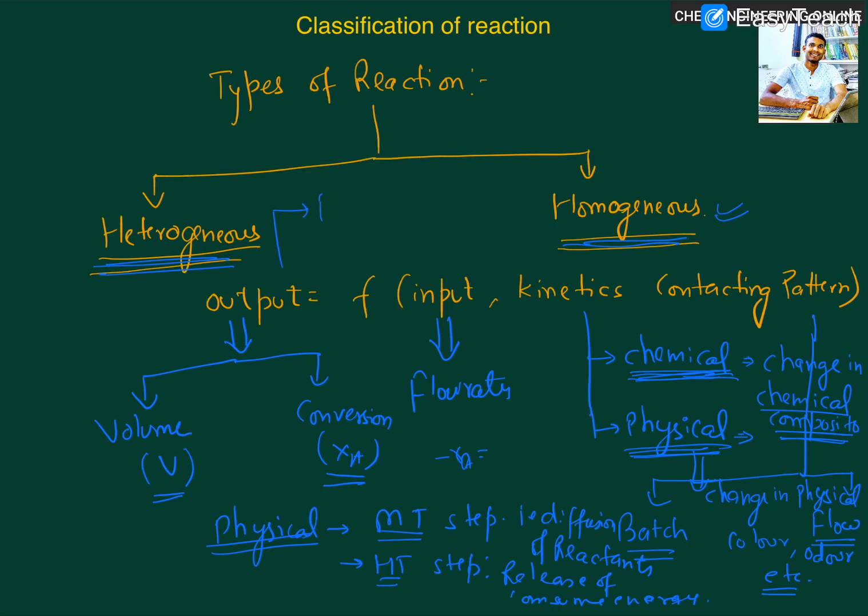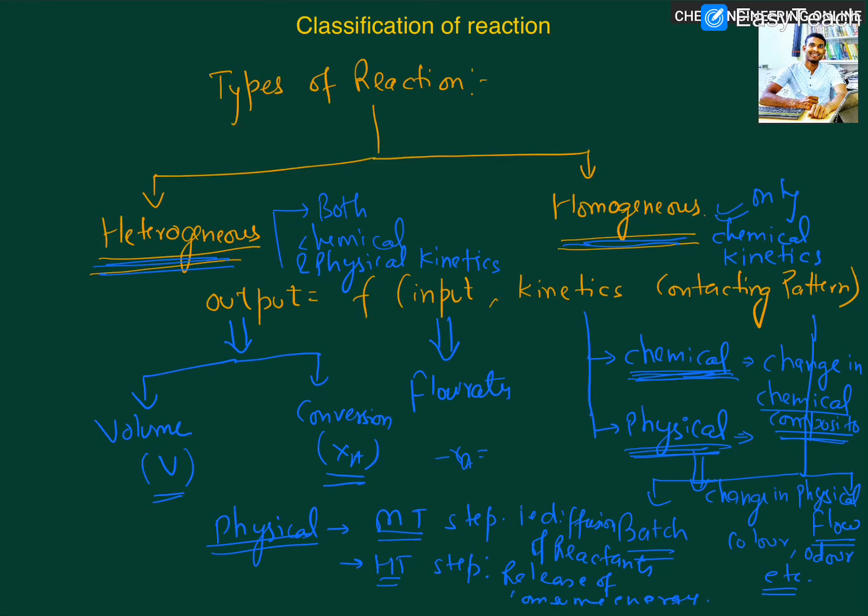Heterogeneous, both chemical and physical kinetics. Here only chemical kinetics. So in this way you can define heterogeneous and homogeneous reactions.